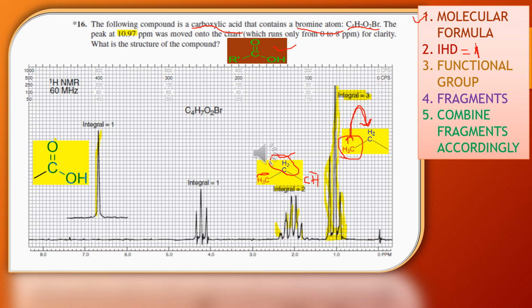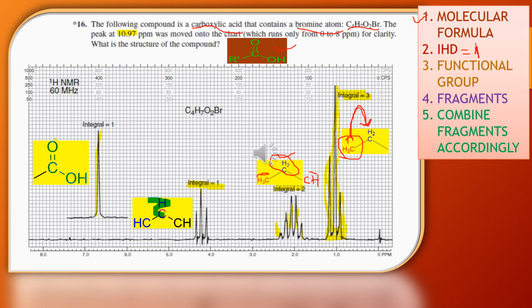Let's move to the next peak. You can see this integral is 1, which means there is one hydrogen, and it is giving a triplet, which means the neighboring carbon has two hydrogens. So this could be a possible structure.